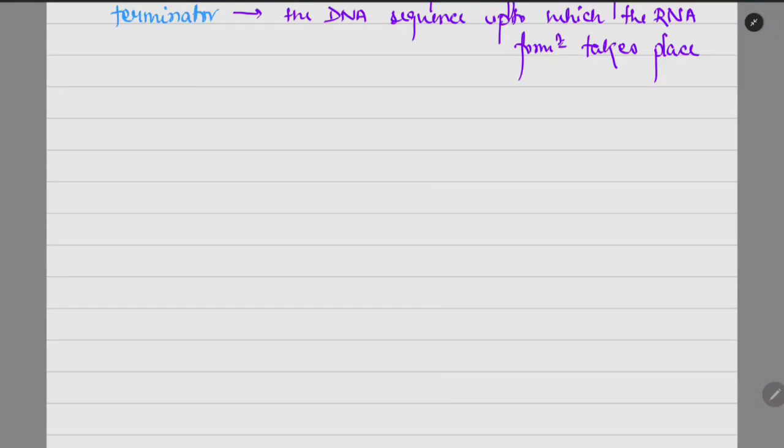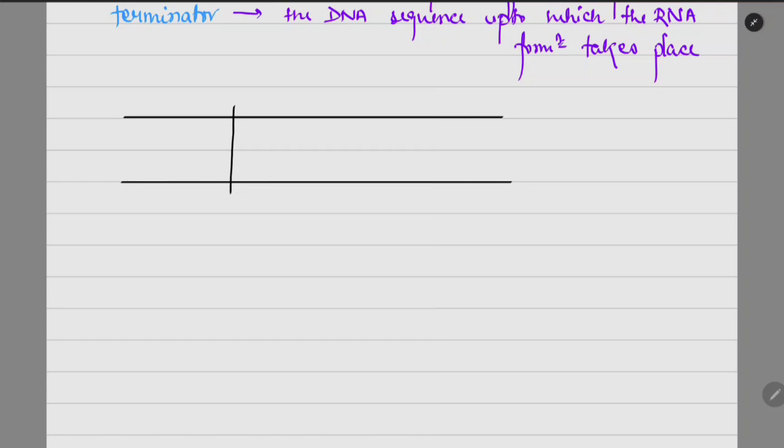So if I take an example here, this one is the DNA strand, and this one is the promoter site.